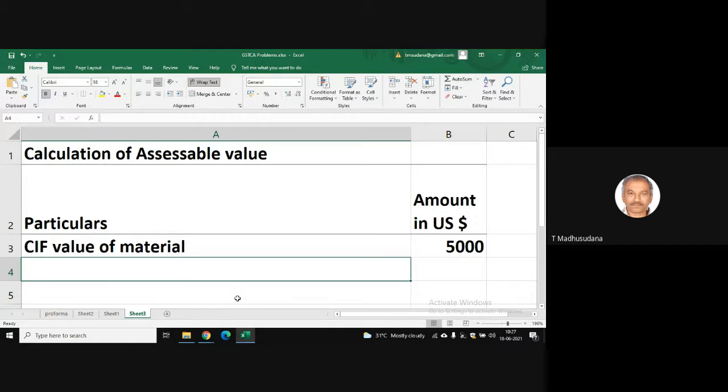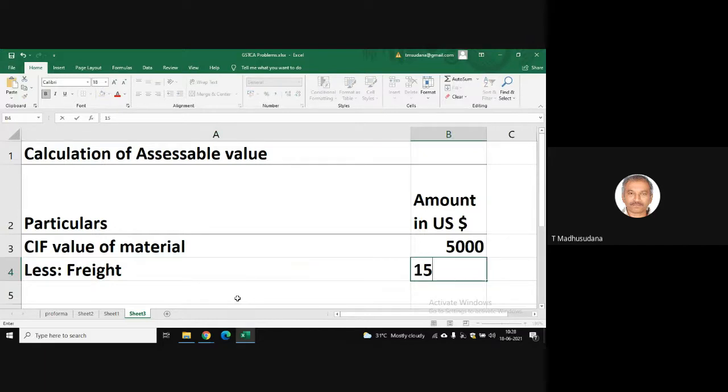Therefore, here freight charges are to be deducted. Less freight 1500. Next, insurance also is to be deducted.